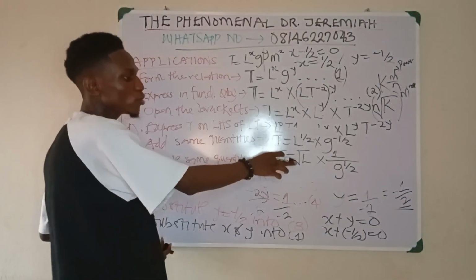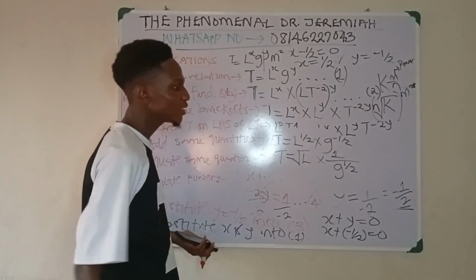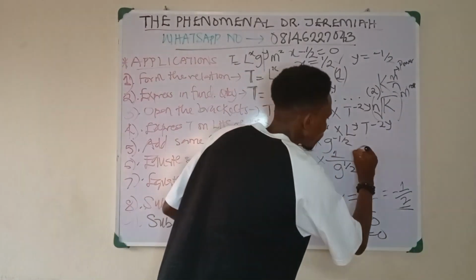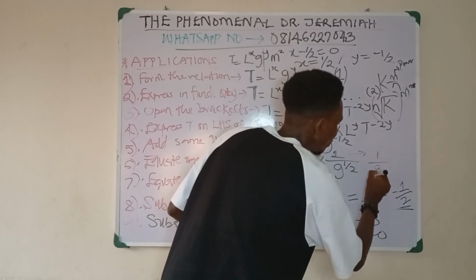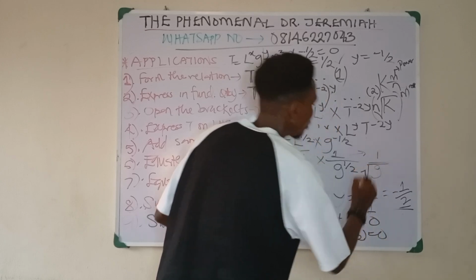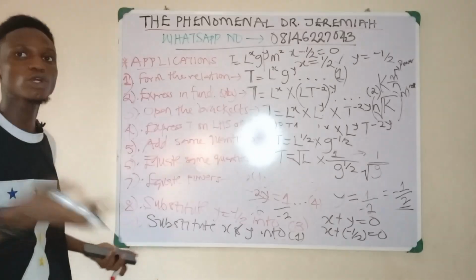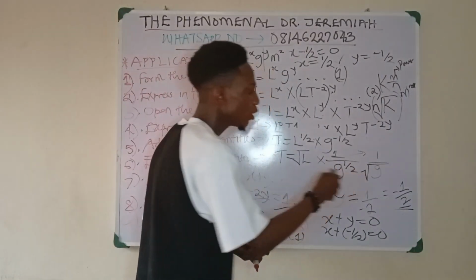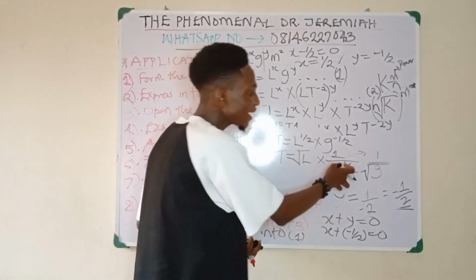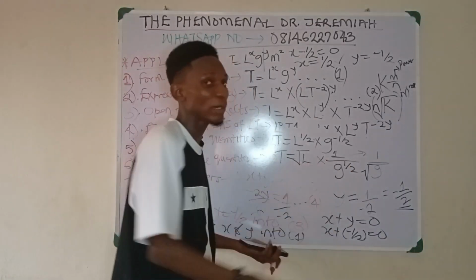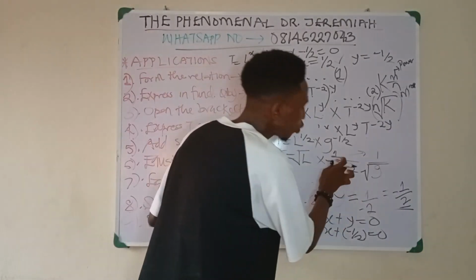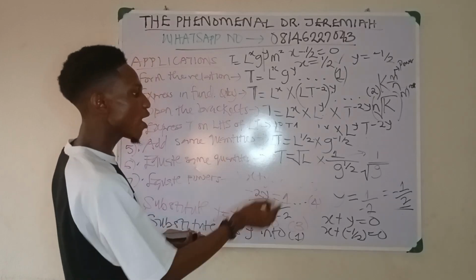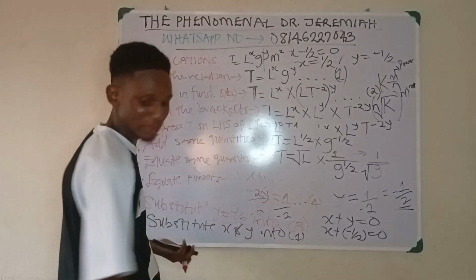Now this enables us to express it better. This one gives you 1 over square root of g, because 2 is also square root. Like I told you, the bottom of the fraction given as power is root, while the top is power.